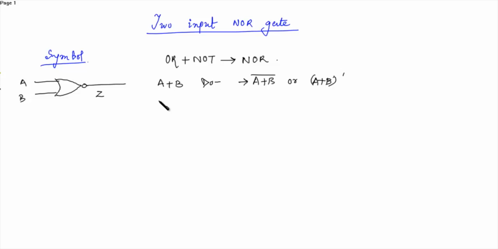When we say this is a plus operator, the NMOS will be in parallel and the PMOS will be in series.